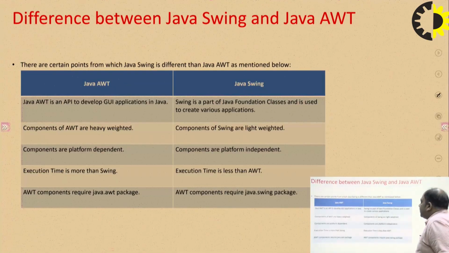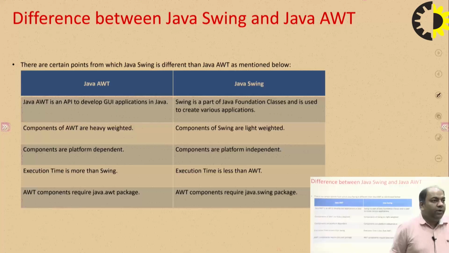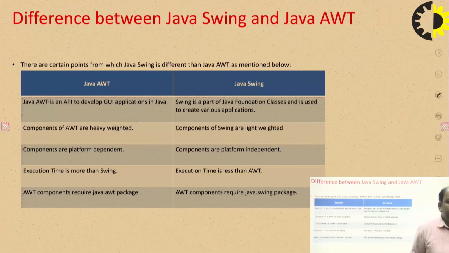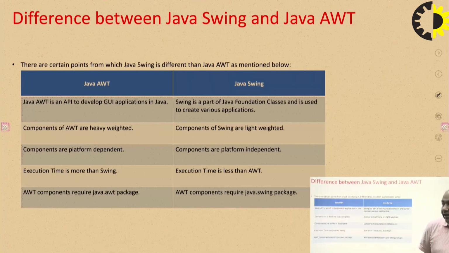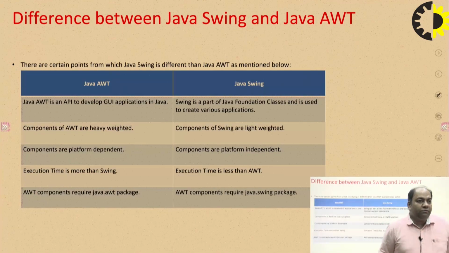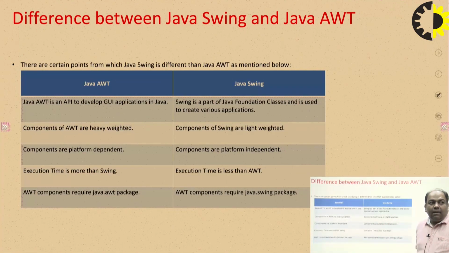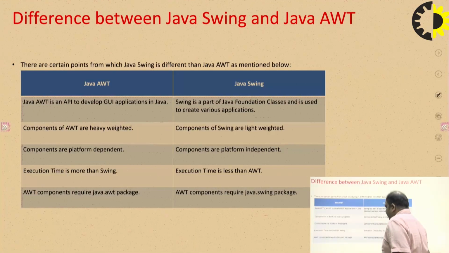So what is the difference between Swing and Java AWT? Basically, Java AWT is an API to develop GUI, whereas Swing is a part of JFC and is used to create various applications. Components of AWT are heavyweight while the components of Swing are lightweight. Components of AWT are platform dependent while the components of Swing are platform independent.